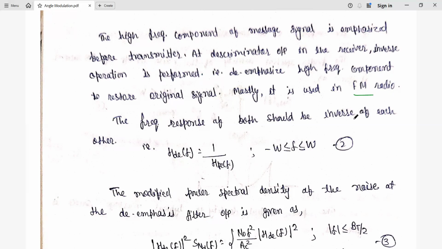Now the frequency responses of both should be inverse of each other.